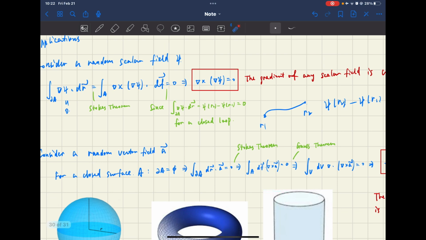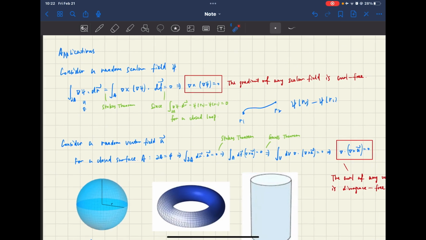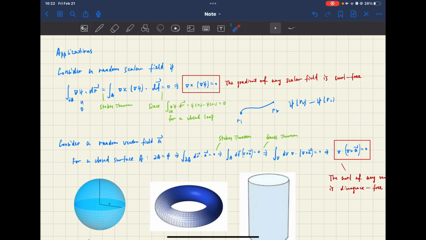Since this expression is equal to 0, we can simply derive that the integrand inside it is 0 as well. In fancy words, the gradient of any scalar field is curl free, meaning the curl is 0. So there's no vortex or any rotation inside any scalar field.